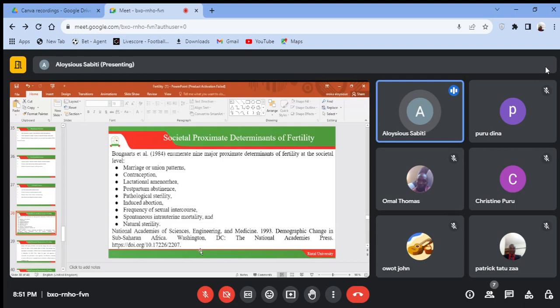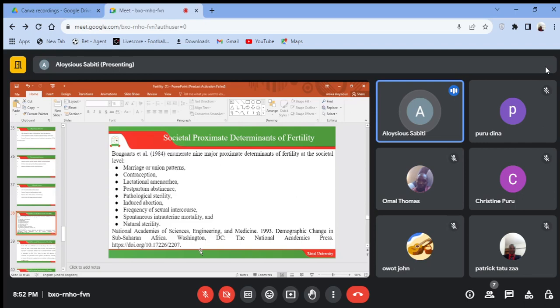So we are looking at a society in perspective, and this is an advantage for a demographer, but also for a public health person or someone who wants to look at the community at a societal level, and they are able to determine the trend of fertility. You can apply the measures of fertility to these proximate determinants, and you will be able to understand the fertility patterns in your community.